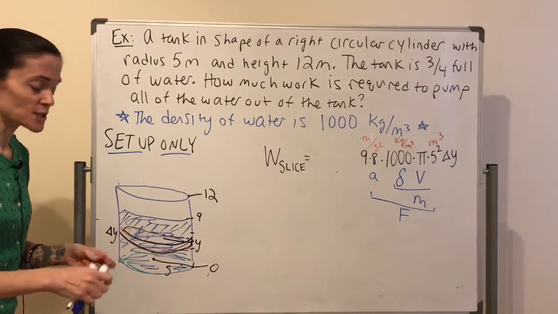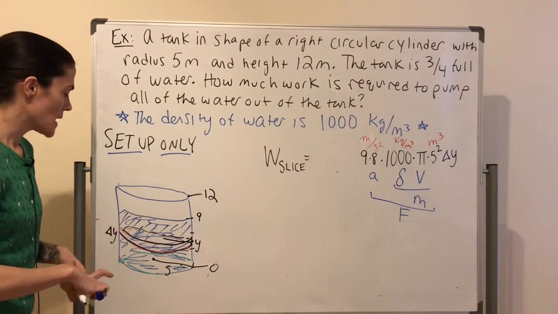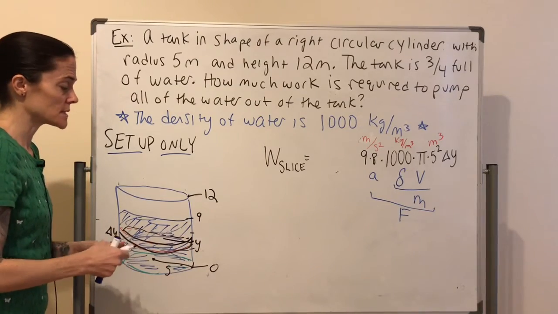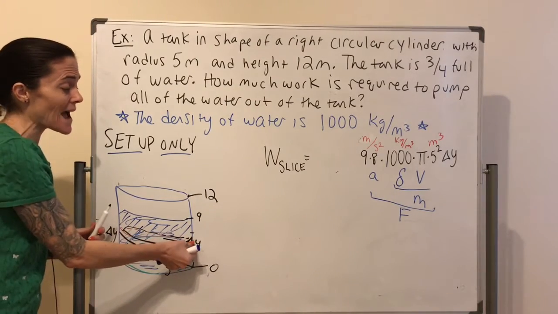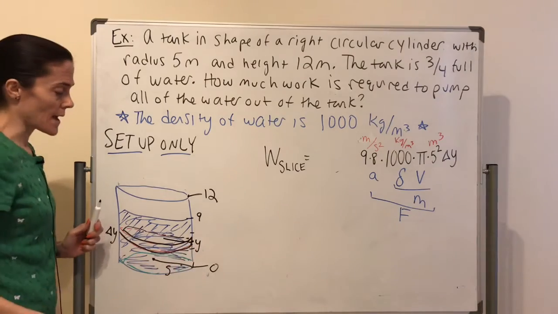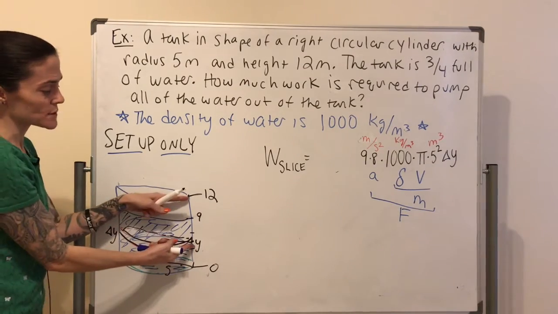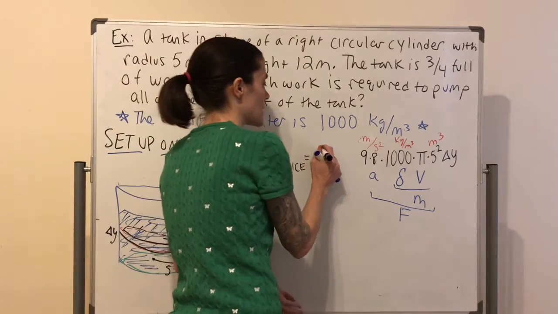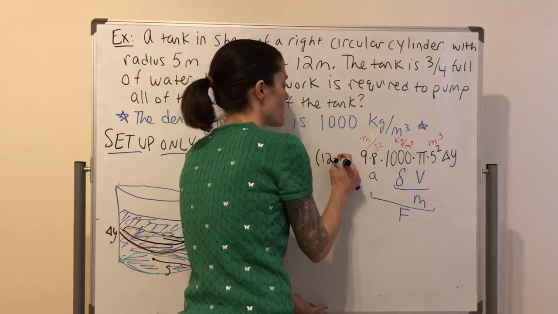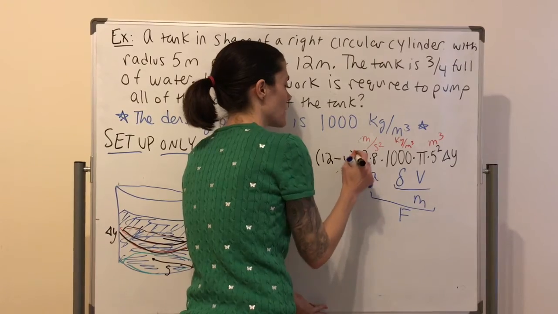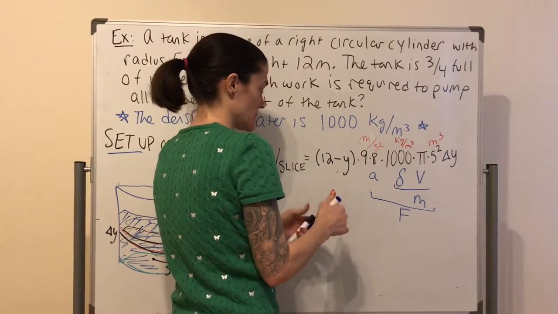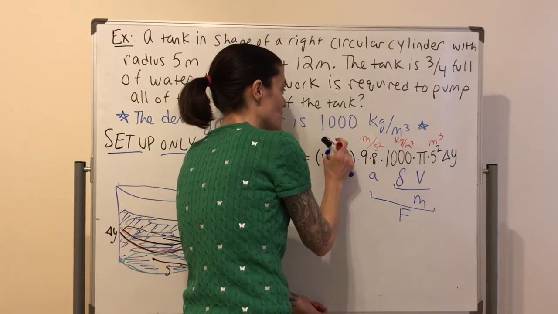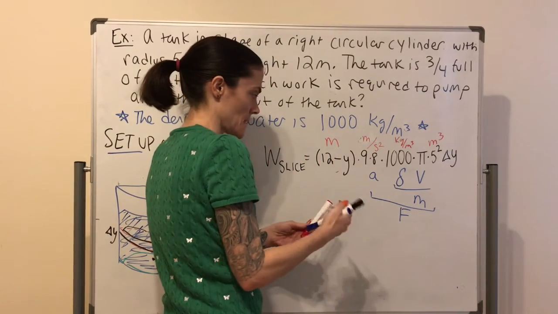And this is very much like we did in the rope problem. If you are here at height y and you're a very thin little slice, this will travel 12 minus y, right? It travels this length, 12 minus y. So the last thing to add here is 12 minus y, and this is in meters, okay?